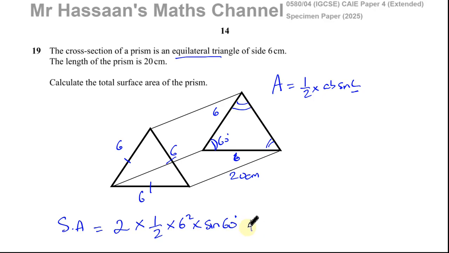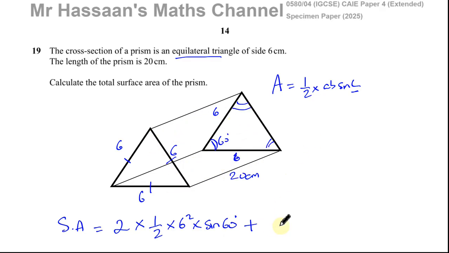And then you're going to have to add to that the area of the three sides. So if you were to lay this flat, the net of the solid would look something like this. We have the lateral surface area, the surface area of these three sides. If we were to lay this flat, you would have three rectangles, all of them 6 by 20.